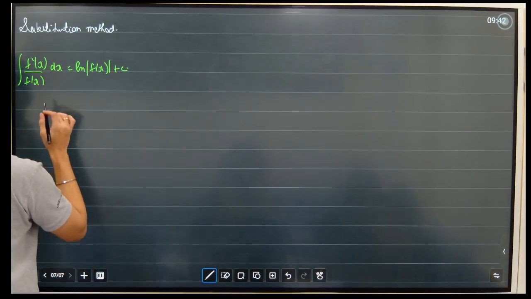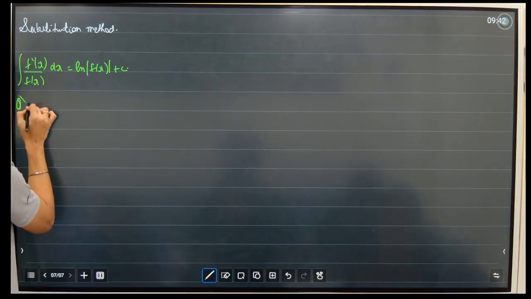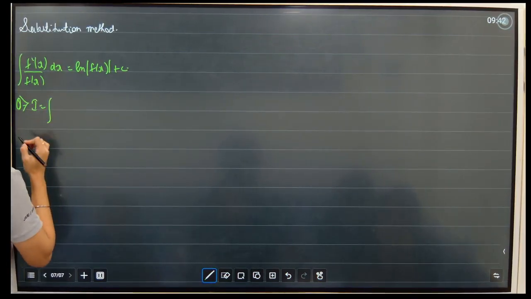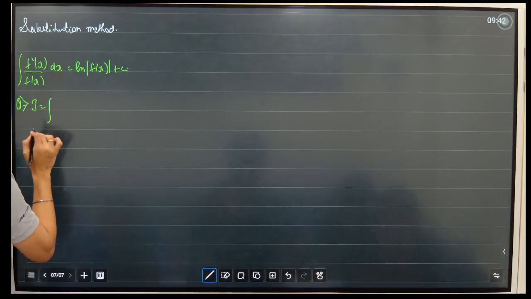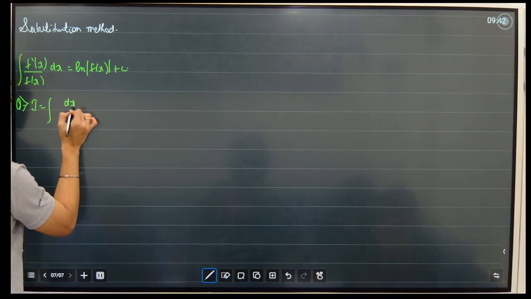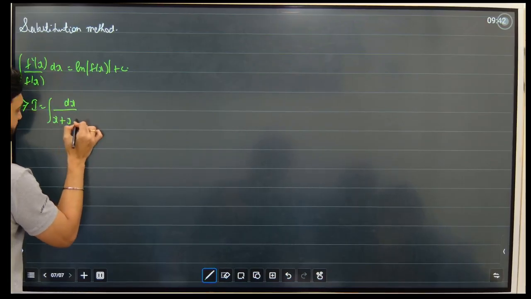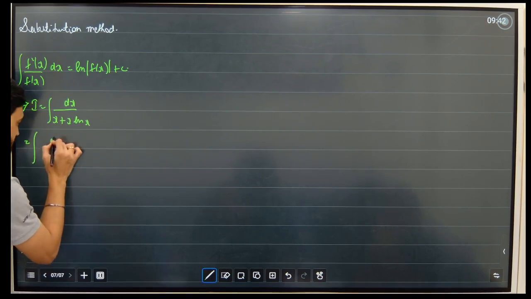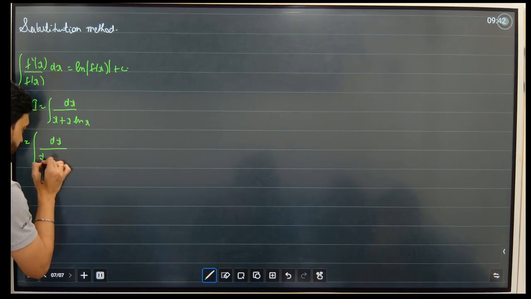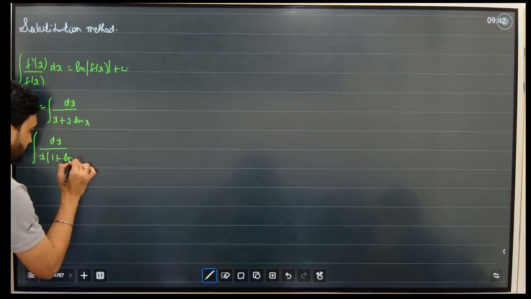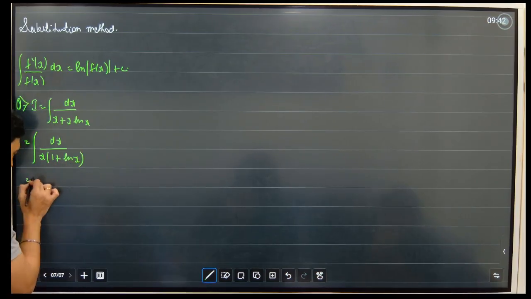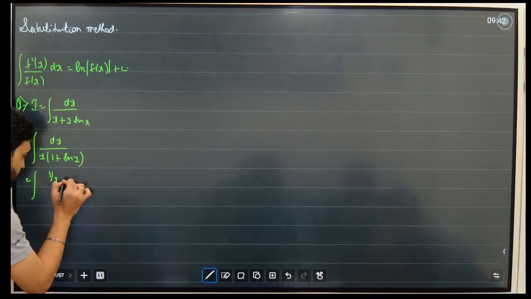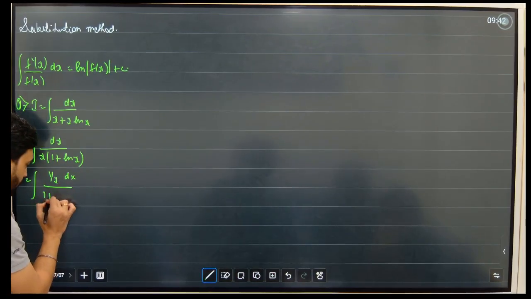Now, my question is, I is equal to integration dx upon x plus x ln x. So what I am going to do is write it like this: dx upon x common, 1 plus ln x, and I can write this as 1 upon x dx upon 1 plus ln x.